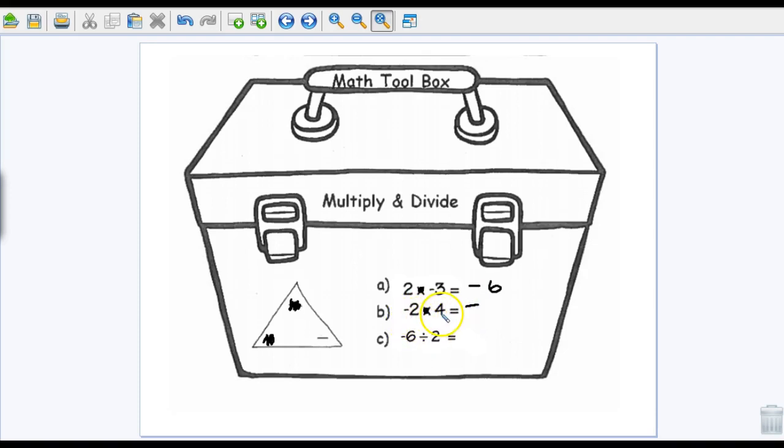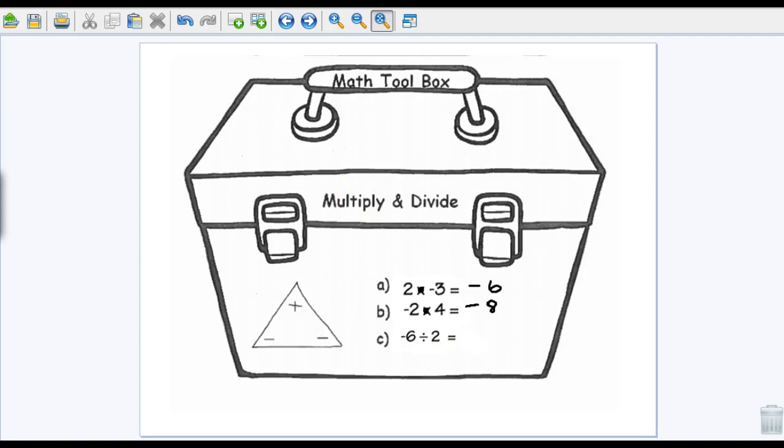This is 2 times 4. 2 times 4 is, so we'll put our 8 there. So that is multiplying negative and positive integers in a nutshell. This little triangle here, make sure you're just covering up and not crossing off like me. I can't put my fingers on there, so I'm covering them up by crossing them off.